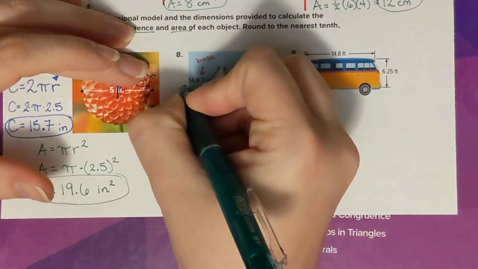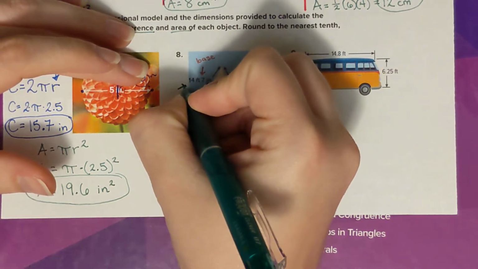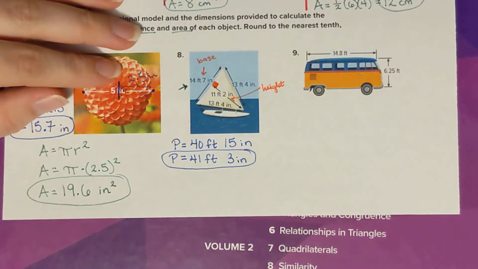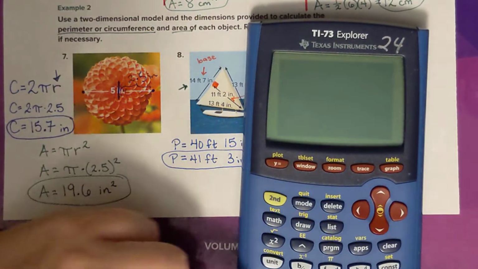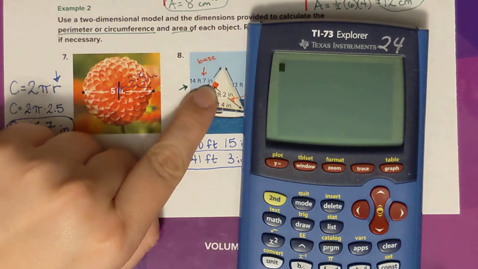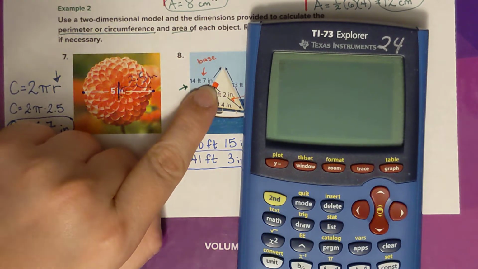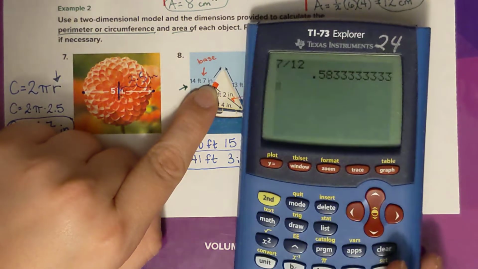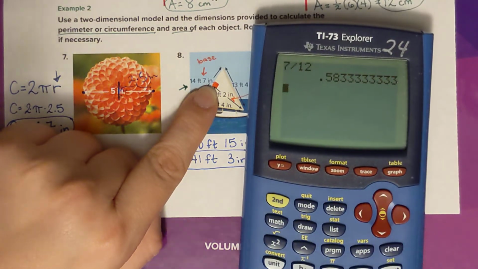So let's see this guy. 14. Remember, you're going to take the inches and change them into feet by dividing by 12. So 7 divided by 12 is 0.583.